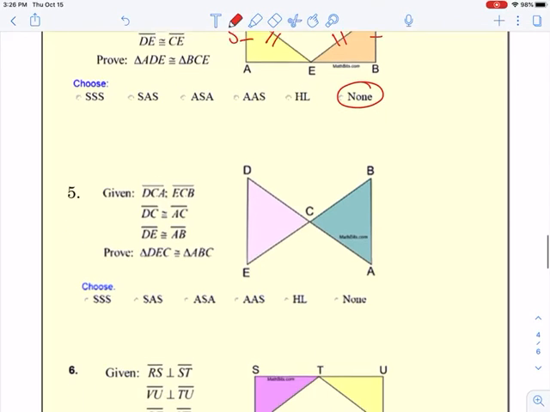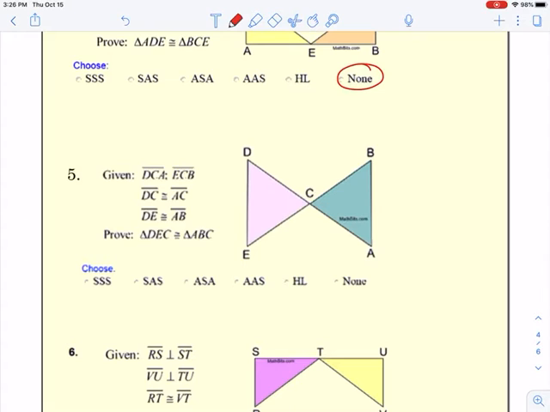For the next one, for your given, you have line DCA and line ECB. Not going to help you at all here. Only your congruent statements will, or definition of perpendicular lines, things of that nature. So I have DC is congruent to AC, and DE is congruent to AB. Okay, and that's all I have from my givens. And again, now I want to know if I can prove the triangles congruent.